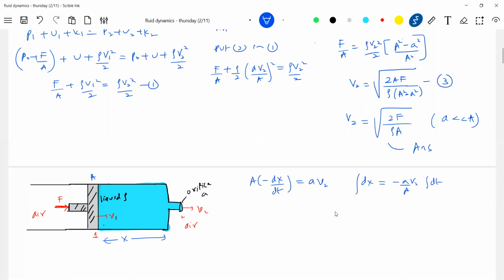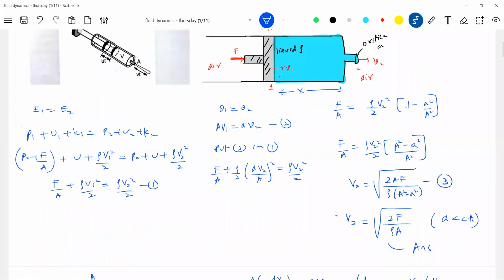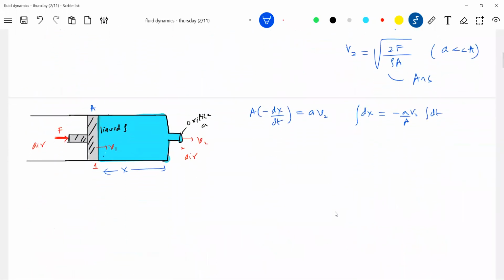What was the volume? Volume was given V, no? So what was the initial length? L. So V equal to A into L, so L equal to V by A. Therefore, the initial length at t equals 0, what was the length of the liquid column?